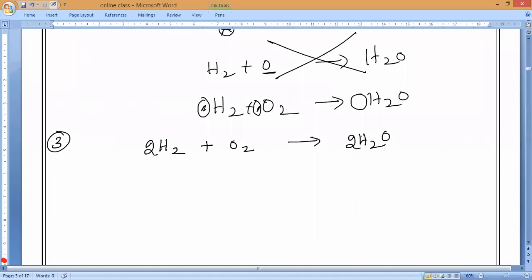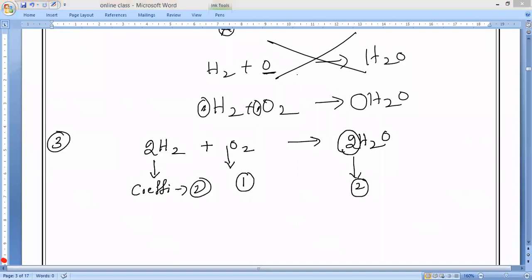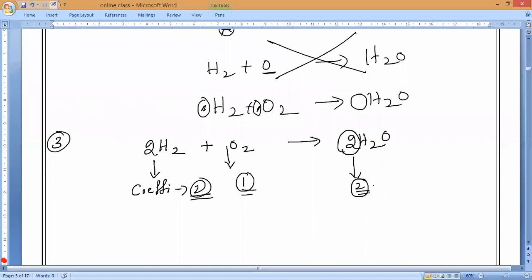Very good. Now what is the coefficient? The coefficient of hydrogen, how much? Coefficient is equal to 2. What is the coefficient of oxygen? 1. What is the coefficient of water? 2. Do you understand? Everybody remember, this is very, very important, related to class 9th.